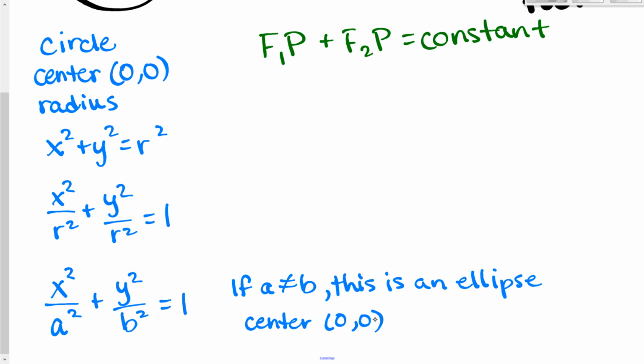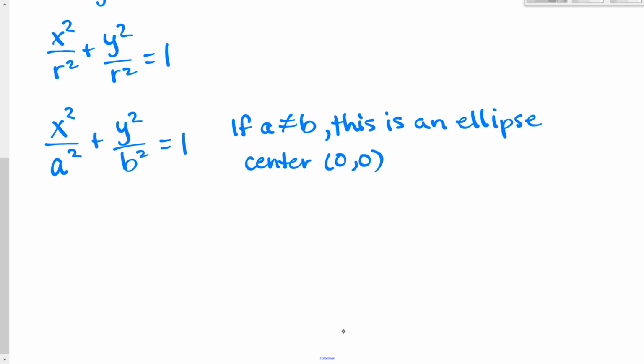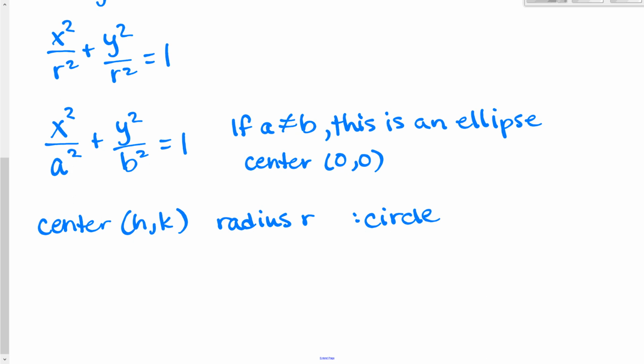Now let's take this idea even further and generalize more. So remember that you might have a circle with center (h, k) and radius r, and that circle would be, let's get rid of those. Those don't really belong there, do they? How about if we put them here?